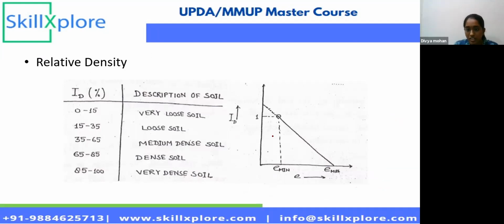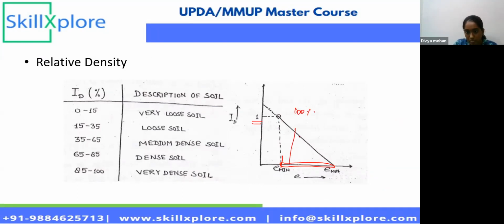In this graph, it is noted that whatever e values are present in the natural condition will be in this range. If e is e minimum, I_D will be 1, which is 100%.